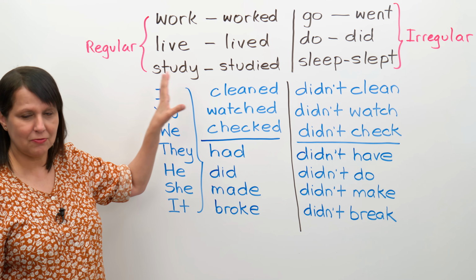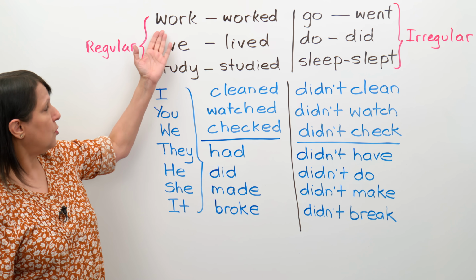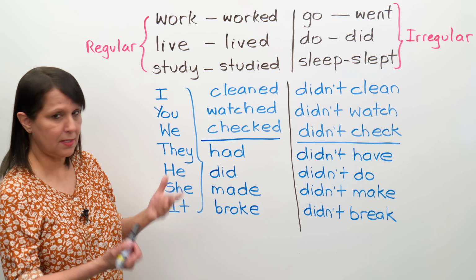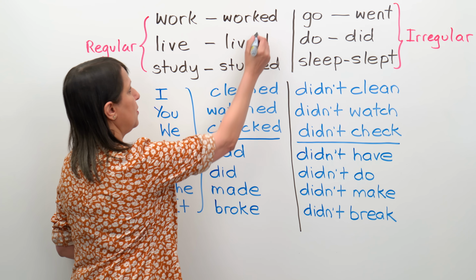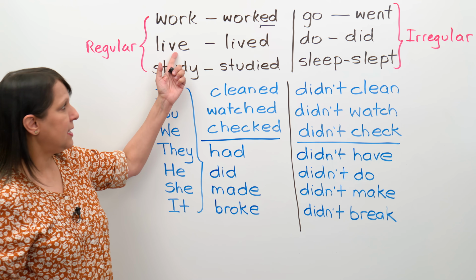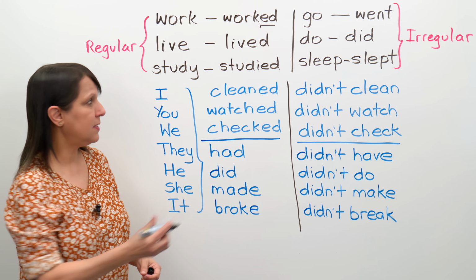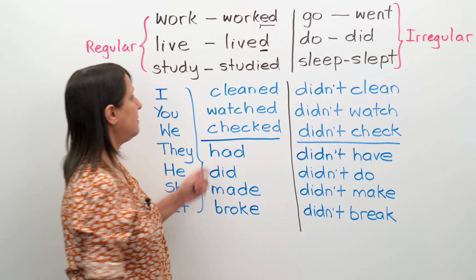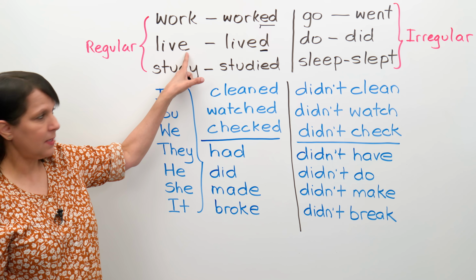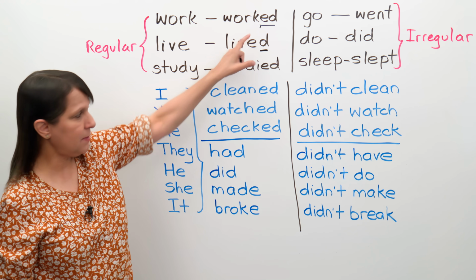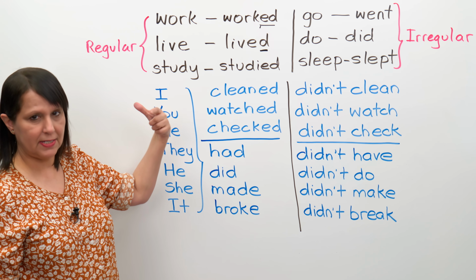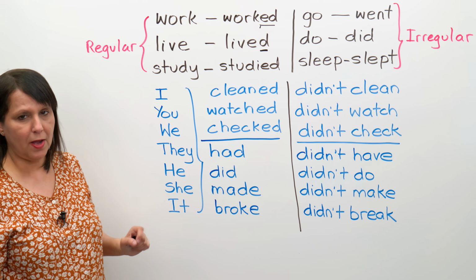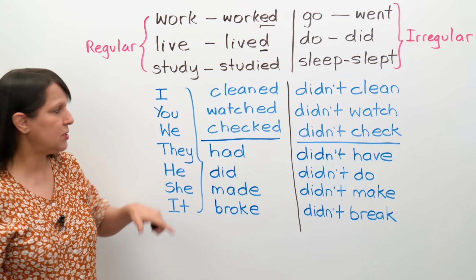So let's look at these regular verbs first. So work becomes what in the past tense? Worked, right? Live becomes lived. Here we just added a D because we already had an E. Here we added ED, right? And this word, study, it happens to end with a Y, so we need some spelling changes there.